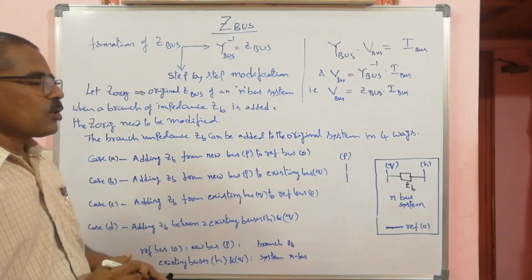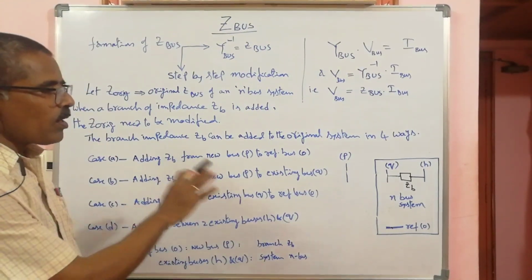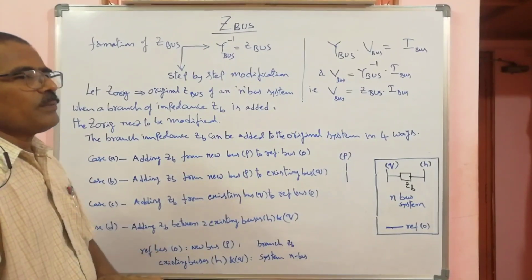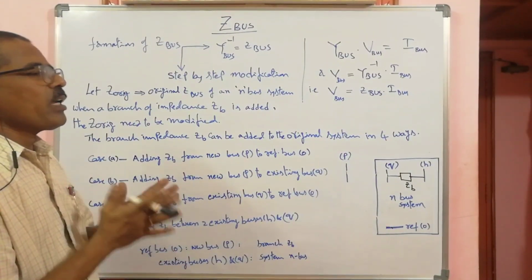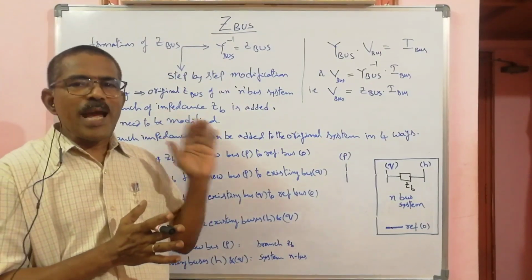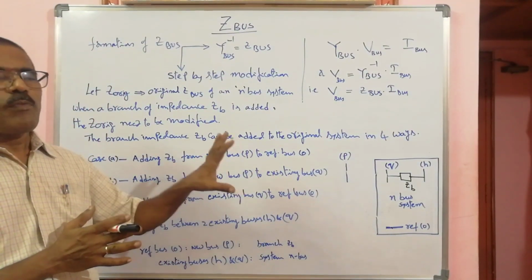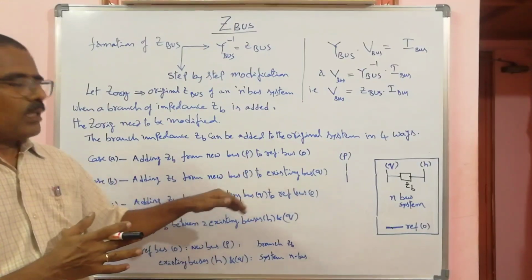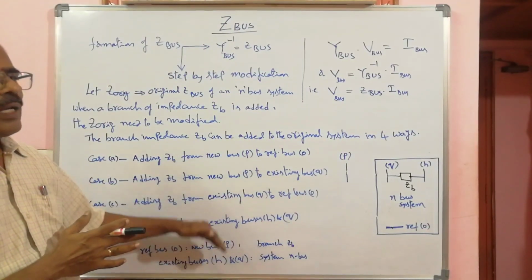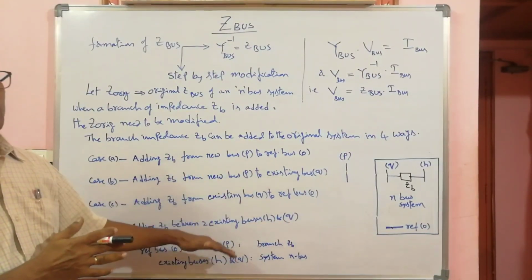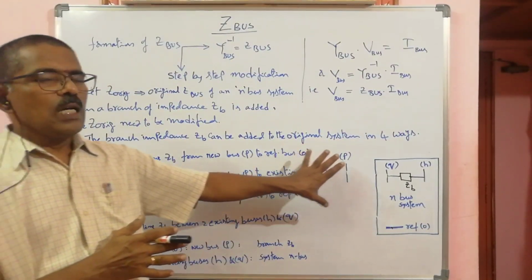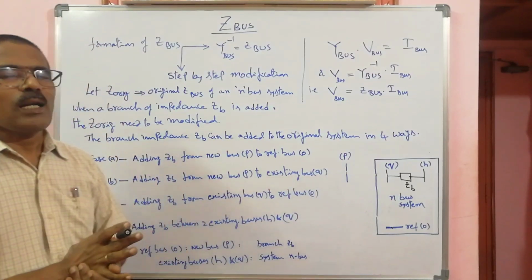So these are the four corresponding cases. If a particular branch having impedance ZB is to be added to the system of n buses, then you can assume four cases, four options. Those four cases you can represent through diagrams.